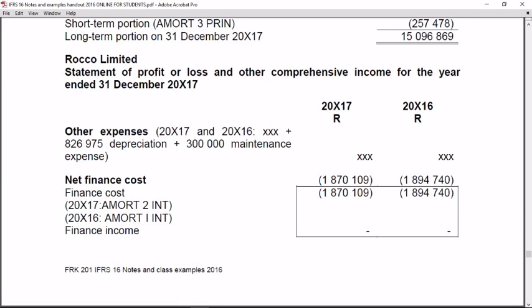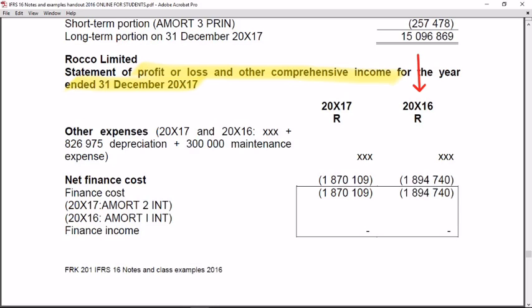Let's have a look at the presentation in the statement of profit or loss and other comprehensive income for the year ended 31st December 2017. Again, I have a comparative period unless the contrary is stated. Included in your other expenses, please note we present our statement of profit or loss and other comprehensive income based on the function of our expenses and income items.